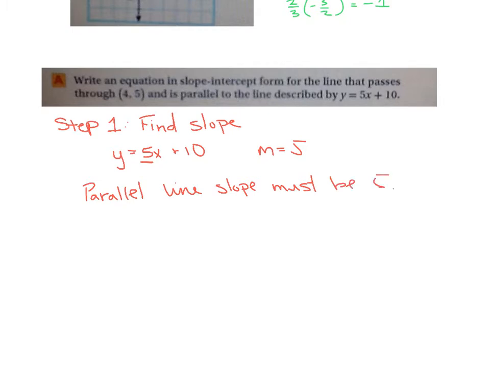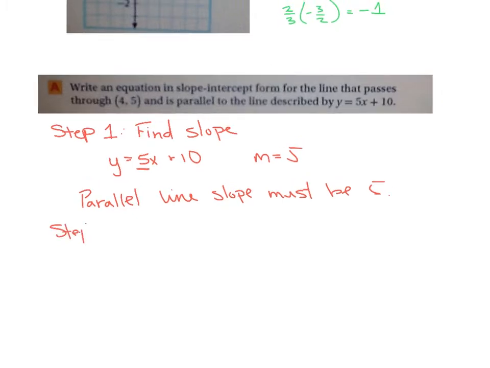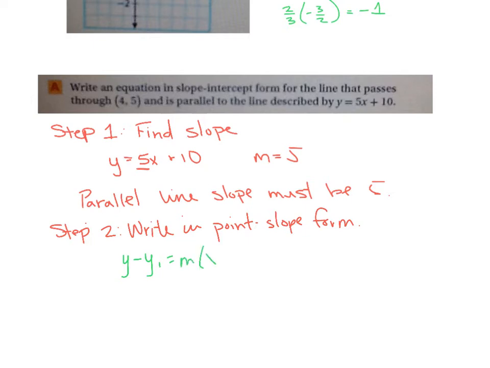Alright? The next thing is to write the equation in point slope form. We learned that back in 4-7, I believe. So we're going to take point slope form, y minus y1 equals m times x minus x1.